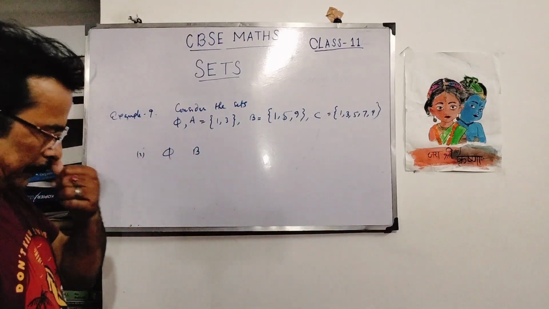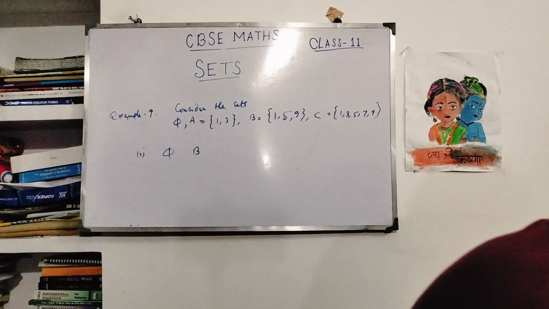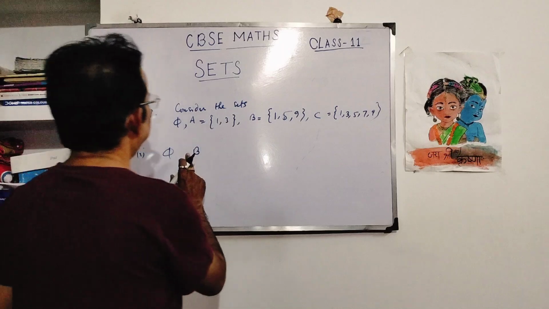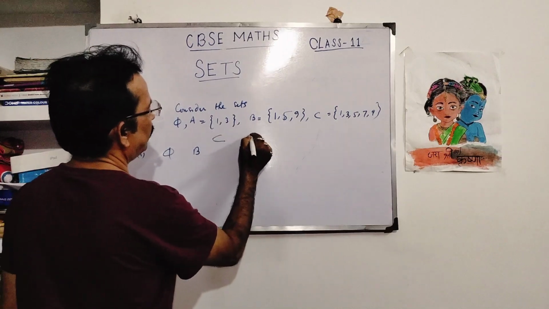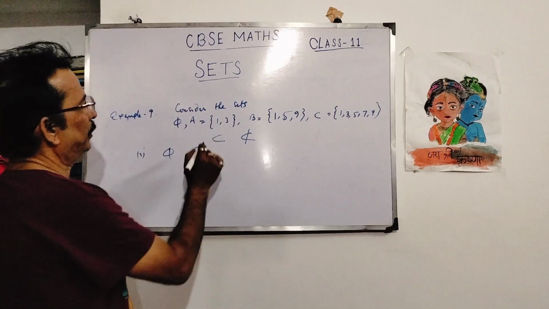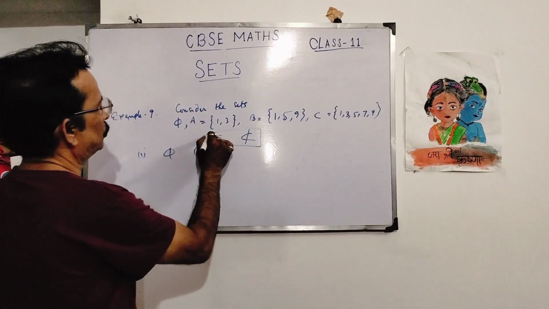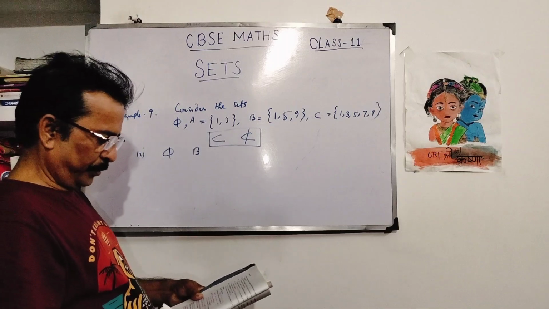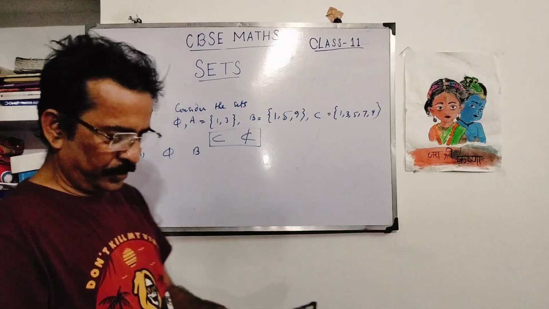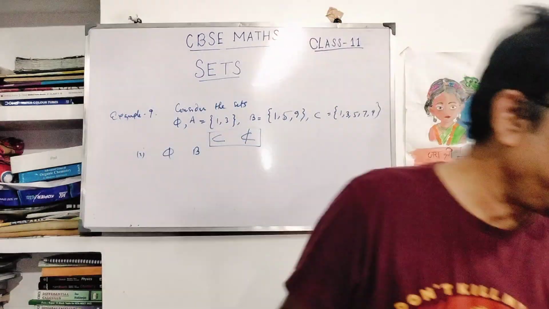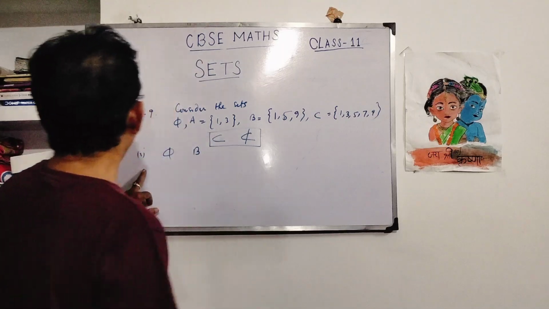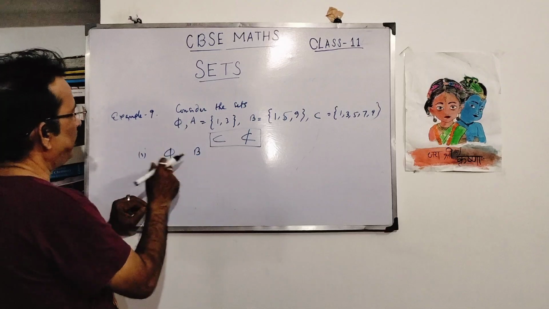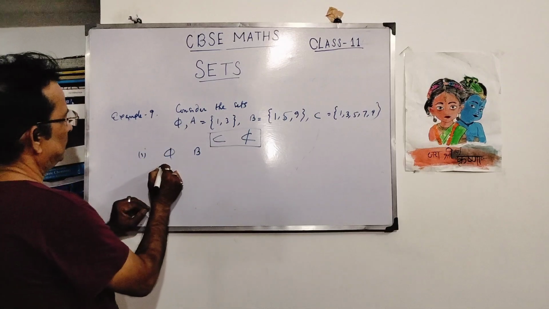We have to insert the symbol subset or not subset in the following pairs of sets. First, phi and B. Phi means null, zero.